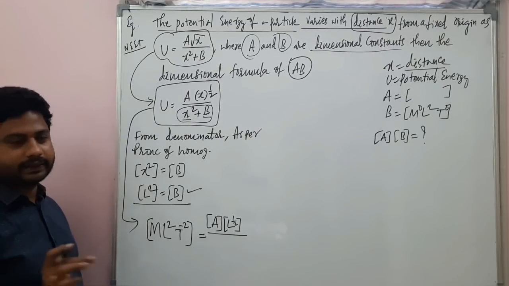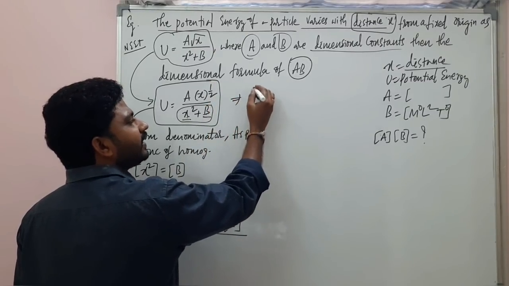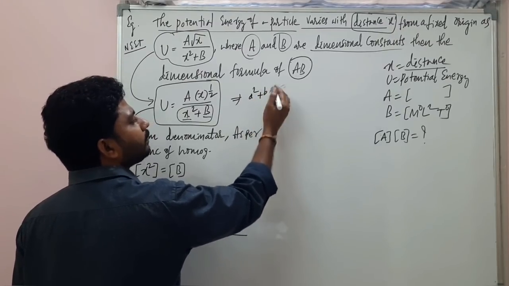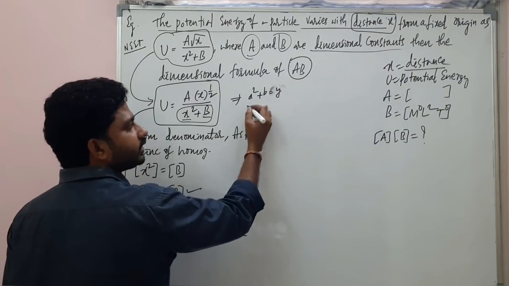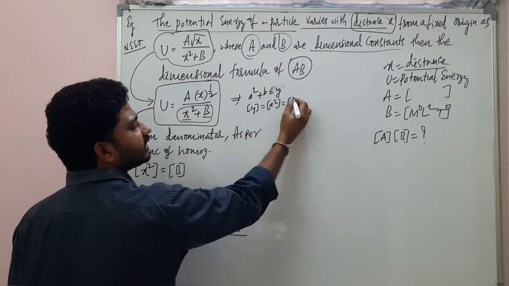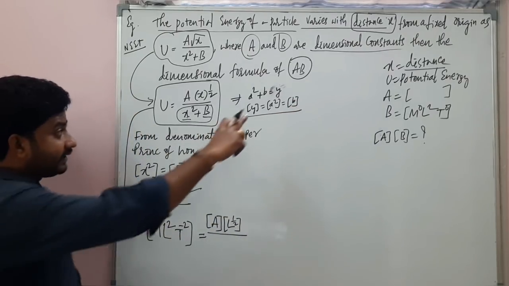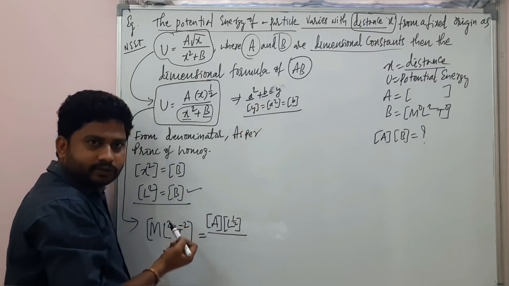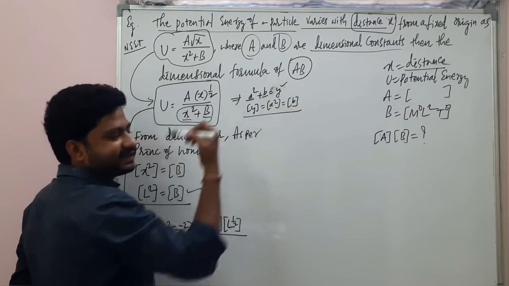Listen once again from this part. For example, I write a square plus b is equal to y. According to the principle of homogeneity, this y must have the dimensions of a square, and it must also have the dimensions of b. Will you agree with this? So we are adding these two quantities and we get another quantity that will have the dimensions of this or this.